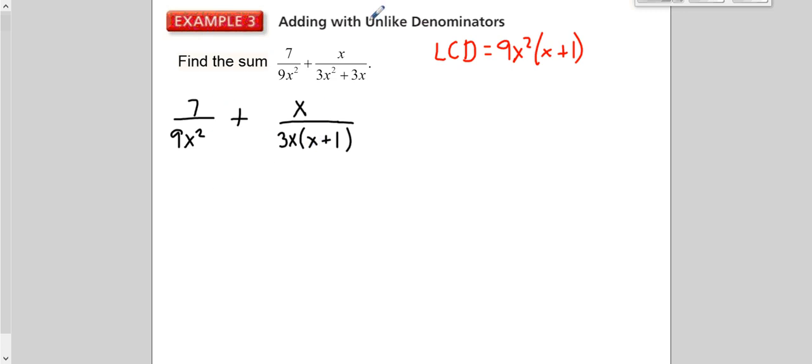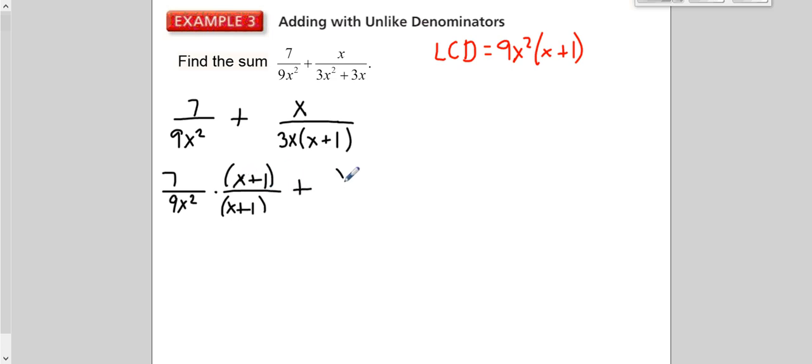We're going to turn both of these into that common denominator. So we're going to multiply by, look at where we're trying to get to, 9x squared times x plus 1. It already has a 9x squared, so it needs to be multiplied by x plus 1. Whatever we do to the denominator, we also have to do in the numerator.